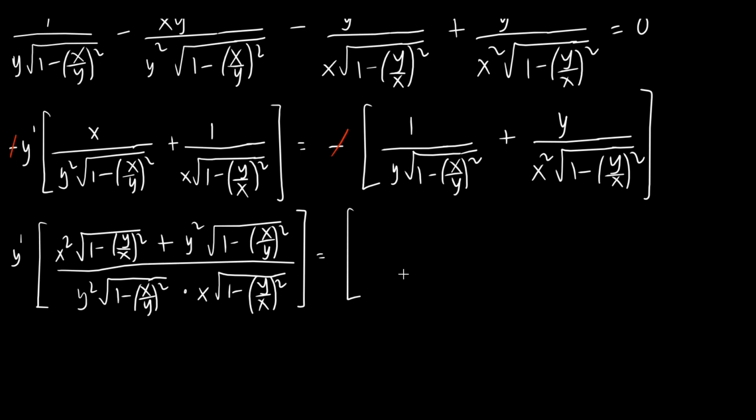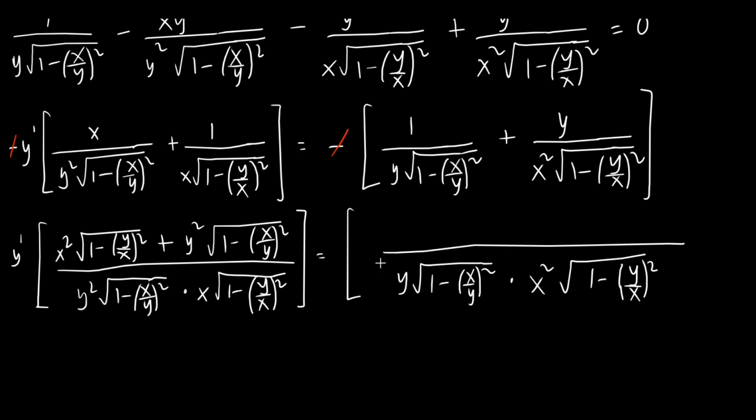Let's combine these two terms: y square root of 1 minus (x over y) squared multiplied by x squared square root of 1 minus (y over x) squared.